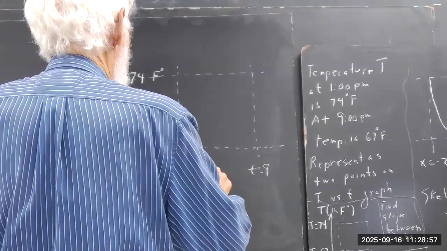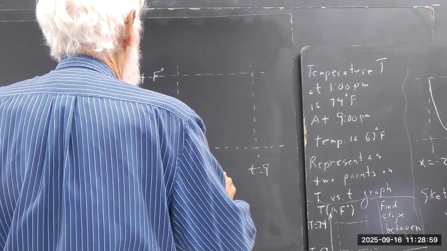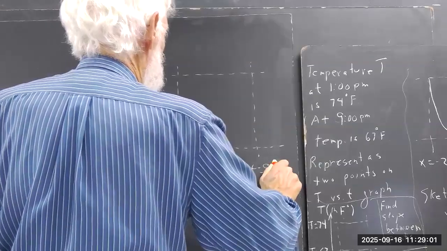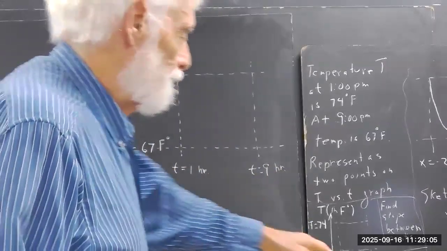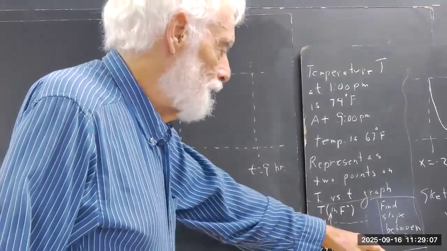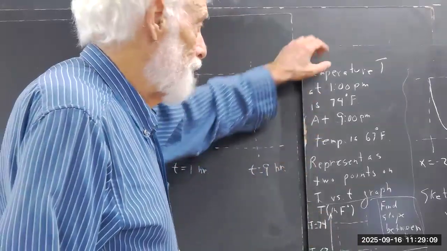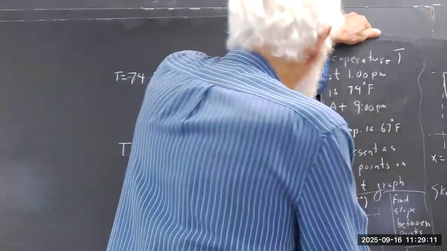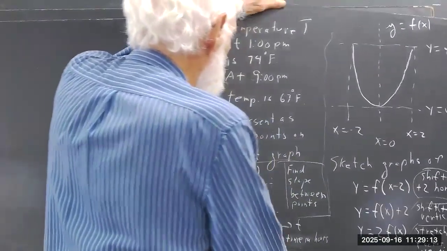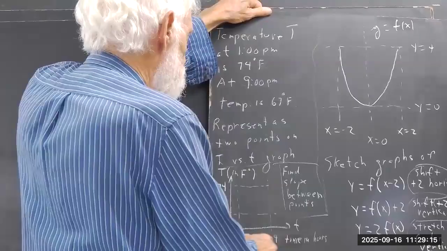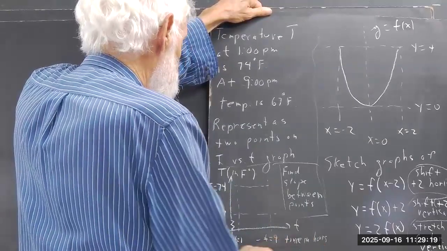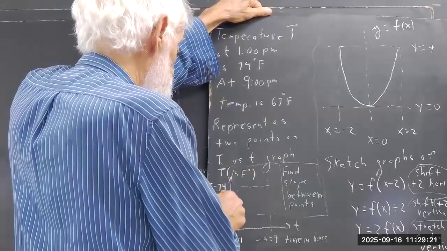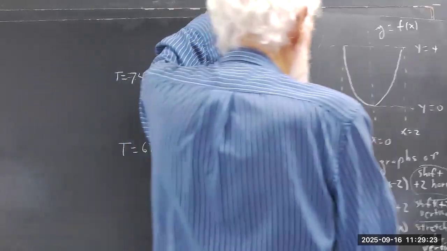And I'll put hours, just HR for hours. Because now, as I labeled the graph, little t is time in hours, and you can't see that because it's down too low, but remember, I made t equals 1 and t equals 9. Big T is in Fahrenheit, 74, 67.